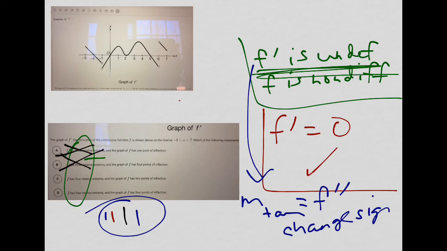Okay, so here we go. We're going down along the line segment, and then we're going up for slopes of tangent lines. So we do have a change of concavity. Let's try it again. We're going down, and then we're going up. So here is another change of concavity, so that's a second point of inflection.